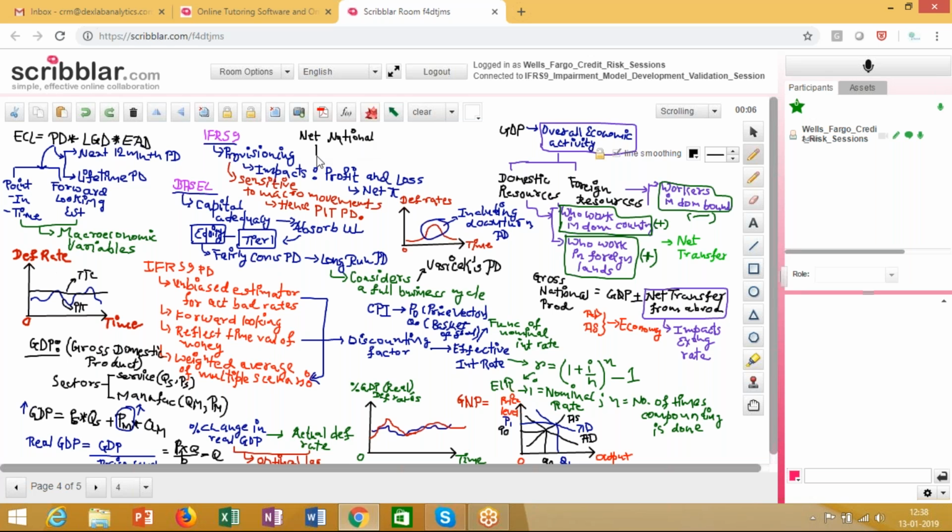So the net national product is nothing but the GNP which is adjusted for depreciation.